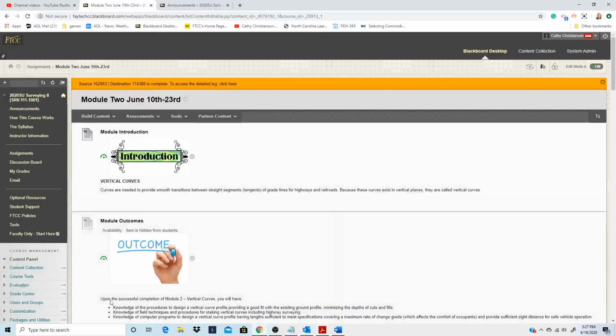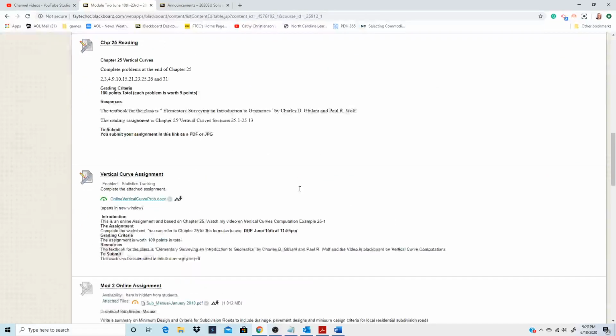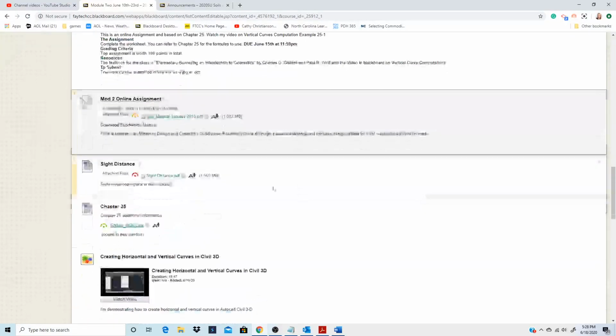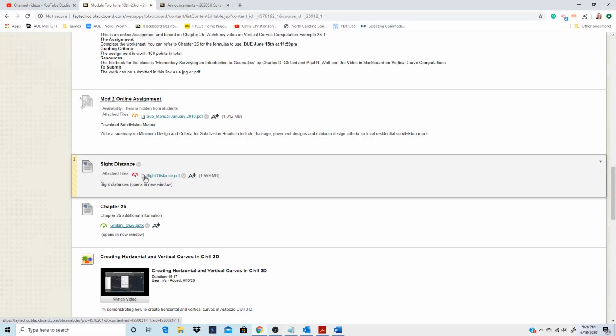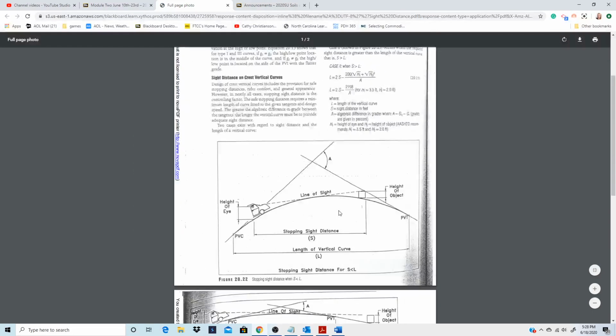So I'm going to minimize. This is Blackboard for Survey 2, and we're still under Module 2. I have a PDF marked sight distance, and I'm going to rotate it. It's the exact same formula.